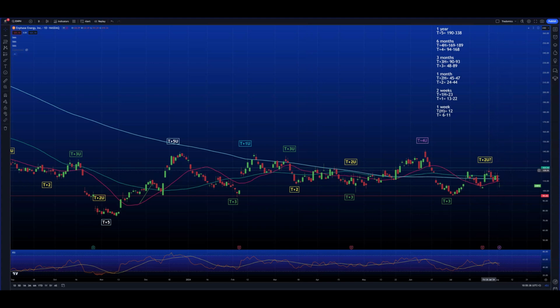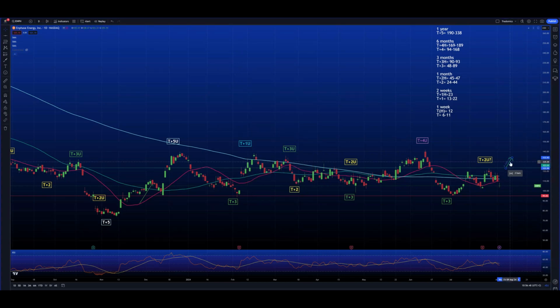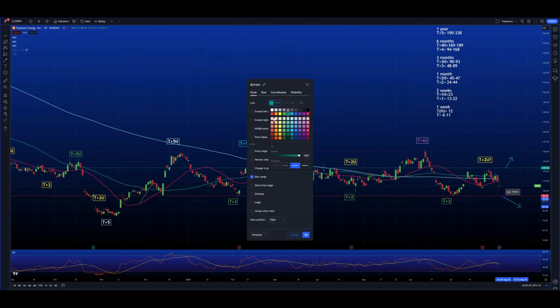So this swing will be critical if broken for an impulse to the upside here, and we put the arrow in green, or vice versa. This low will be a triggering point, so the break of this low will be a triggering point to proceed to the downside.